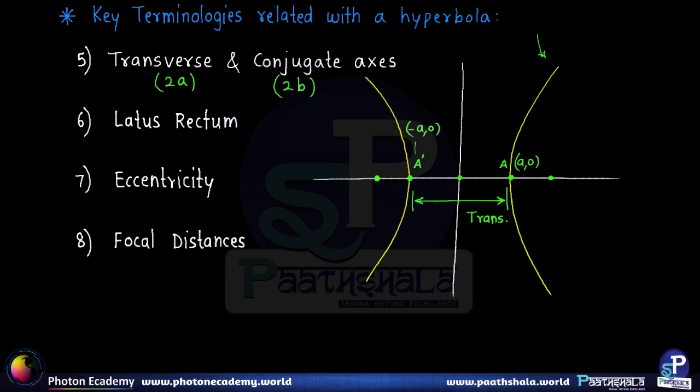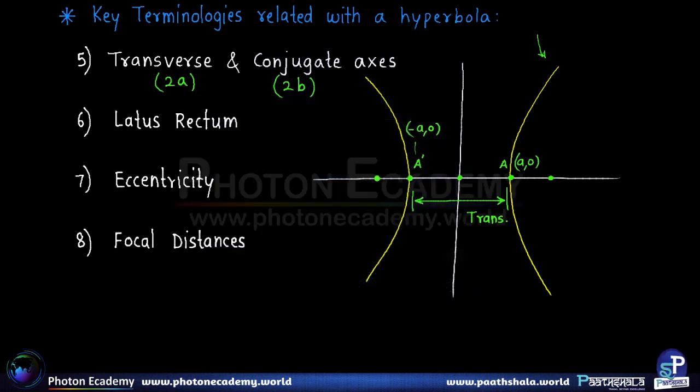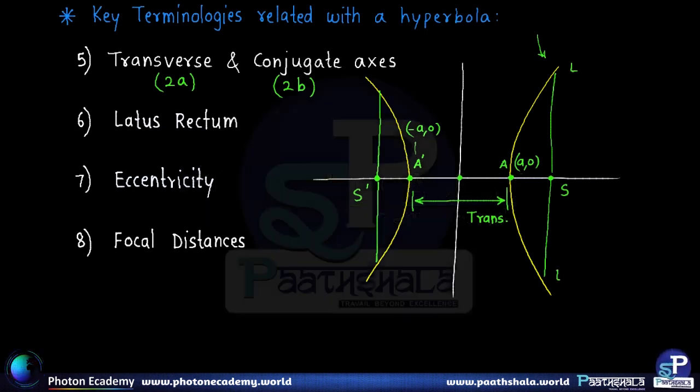Now then we have latus rectum. This is very much similar to what we have done earlier. Latus rectum is nothing but a segment that is passing through the focus and perpendicular to the transverse axis of the hyperbola. Let us denote it as L dash.